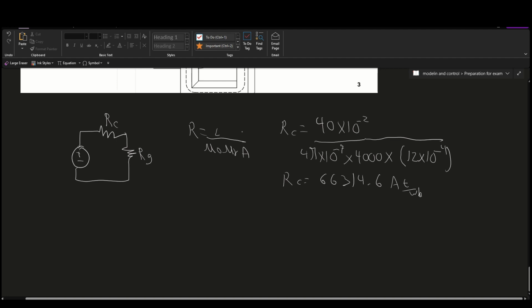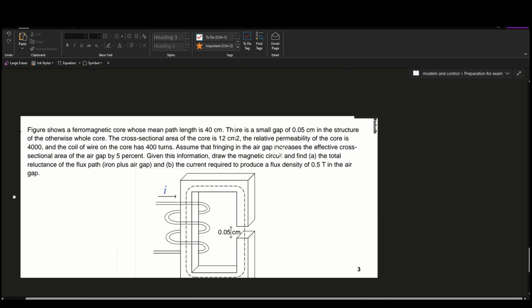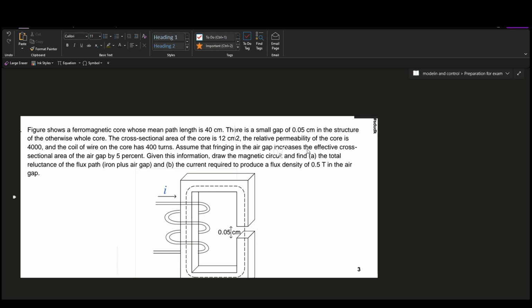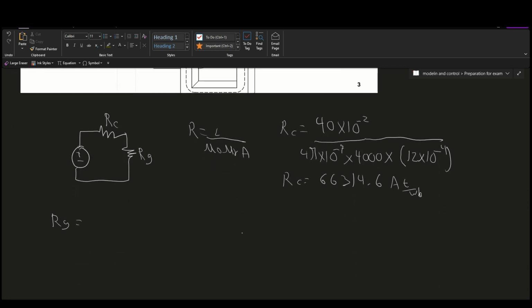Now we do the same for the reluctance of the air gap. The length of the path in this case is just 0.05 centimeters. That is the mean path that the flux travels through the air.